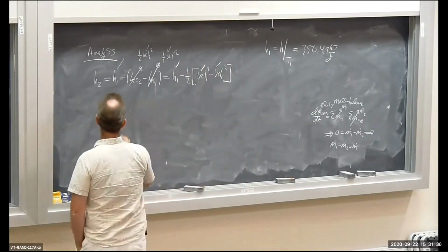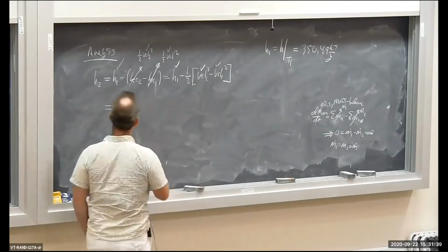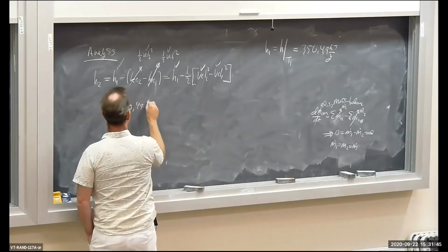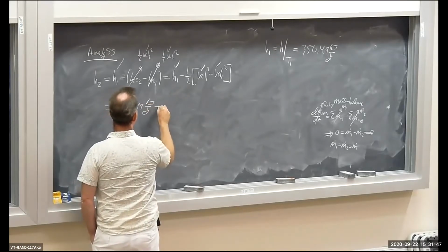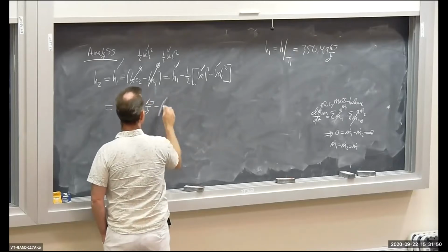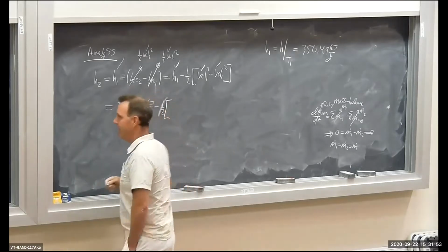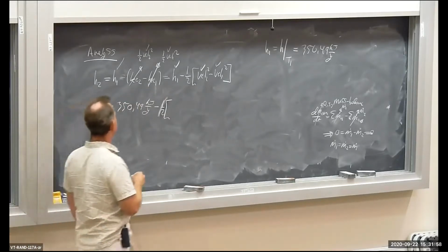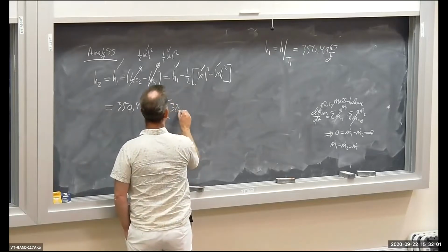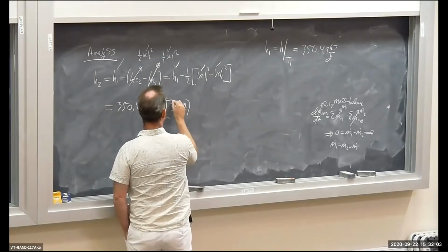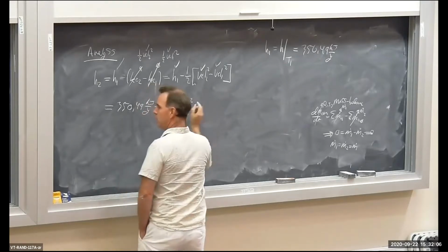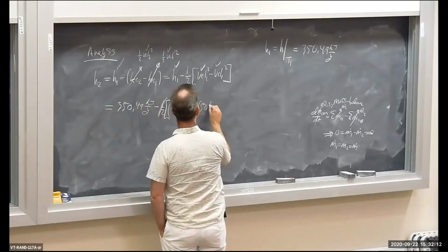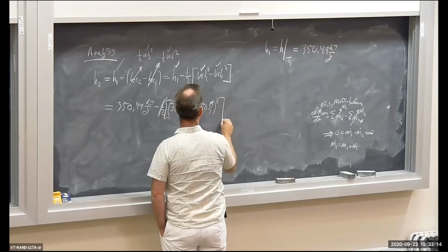Let's plug in and get H2. 350 is my specific enthalpy at the inlet, and then minus 1/2 times the outlet velocity, which is 320 meters per second, squared. The inlet velocity is 50 meters per second, and that's also squared.